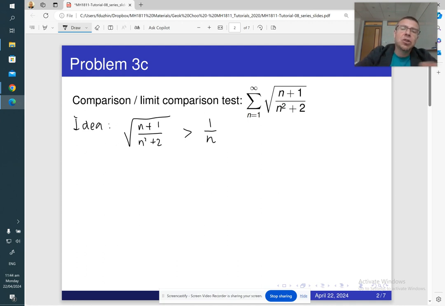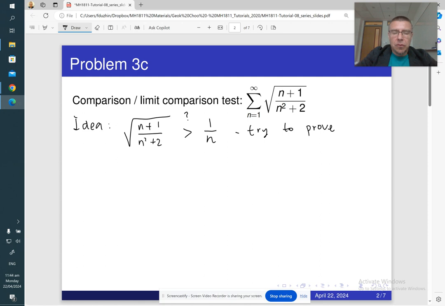Again, we don't know whether this is true or not, right? So we want to prove this. At least we want to try to prove it.